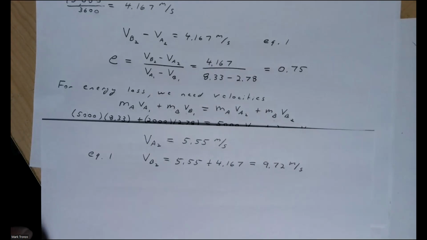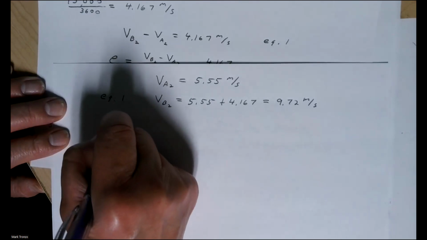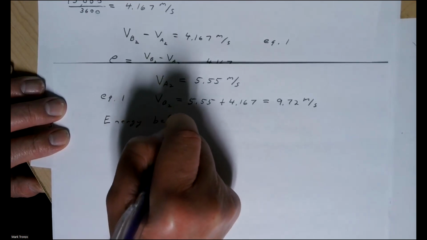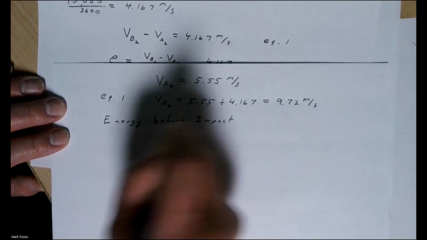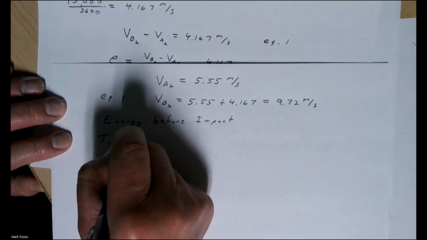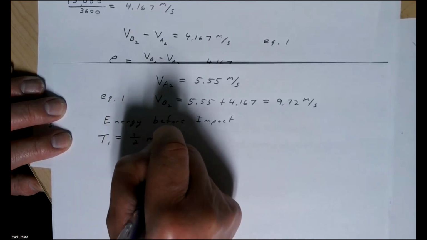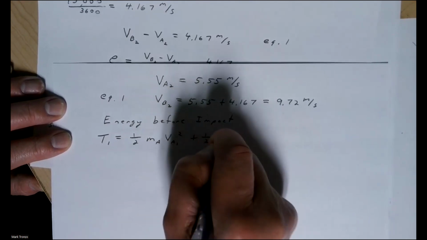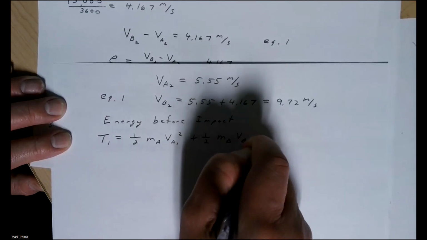So we want to now find the change in energy. Energy before impact is 1/2 MA VA1 squared plus 1/2 MB VB1 squared.